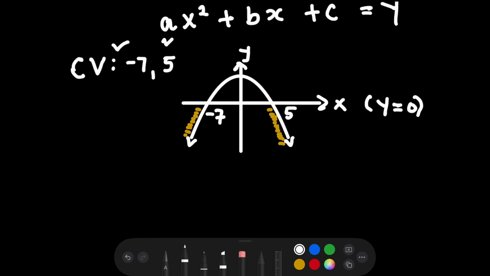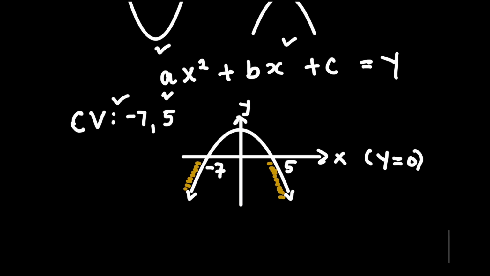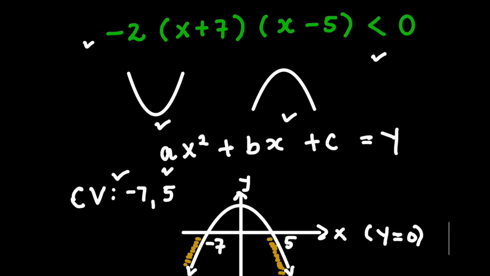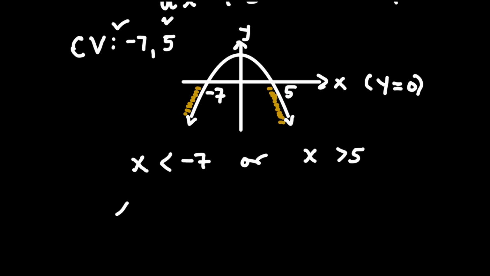So -2 times (x plus 7) times (x minus 5) is less than 0 when x is less than -7, or when x is greater than 5. I can also write this in this fashion, whichever one is better for you.